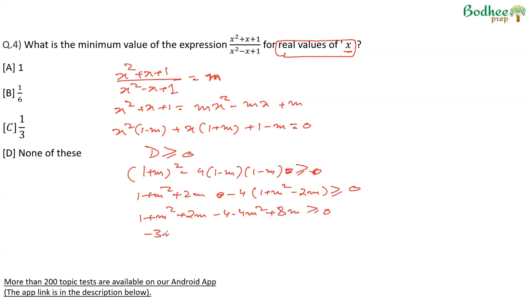So minus 3m square plus 10m minus 3 is greater than or equal to 0.